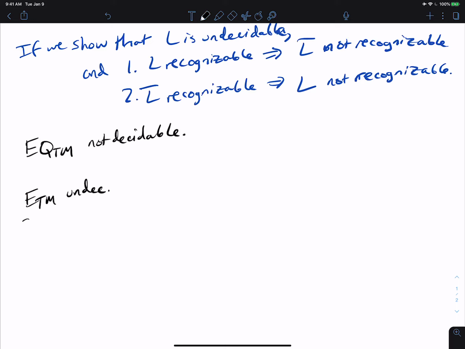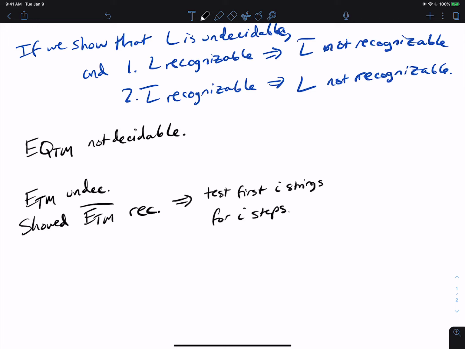But we showed, in one form or another, that ETM bar is recognizable. The reason for this is to test the first i strings for i steps, and if any of them are ever accepted, then the language of the machine is not empty, so we should accept.